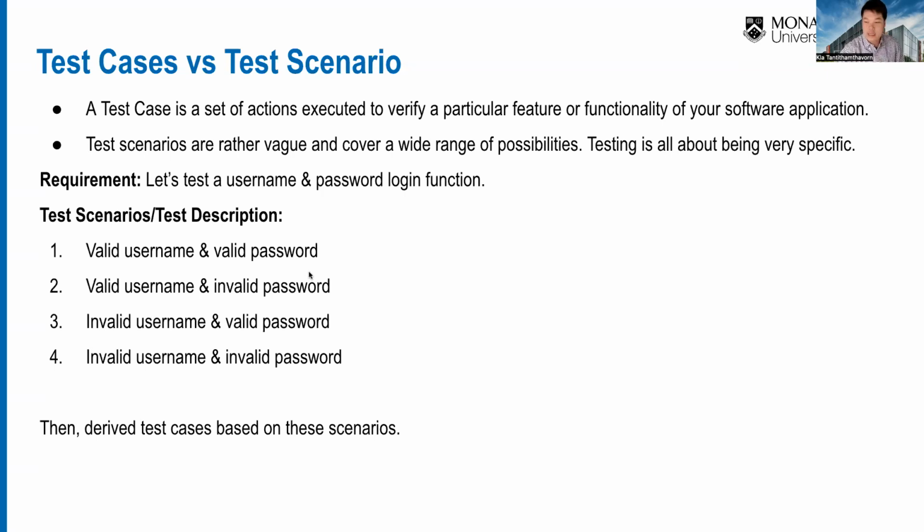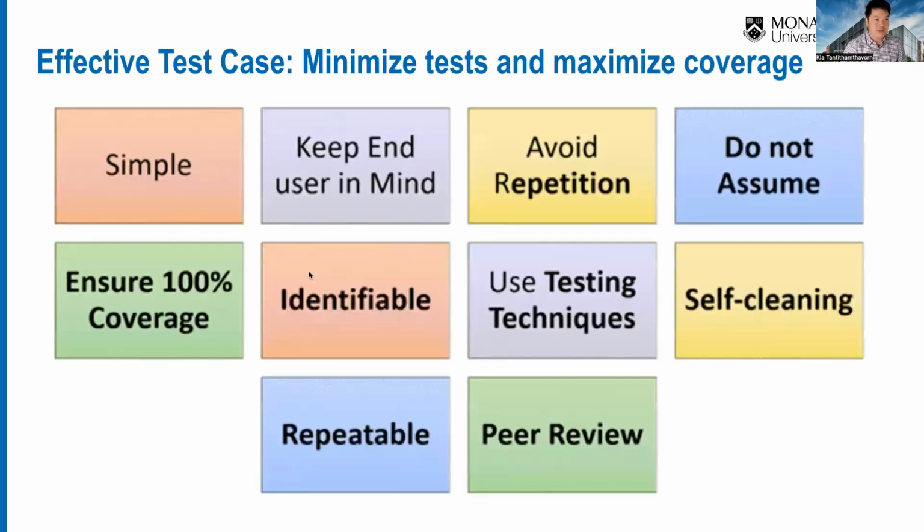Thank you. Yeah, that's a test case and the test scenarios here, right? And again, as I mentioned before, we cannot test everything and it takes too much time. So that's why we should have some principles on how to design the most effective test cases. The most effective one is that we should have the minimum number of test cases that can achieve the highest number of code coverage, right?